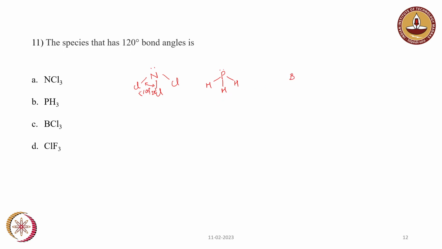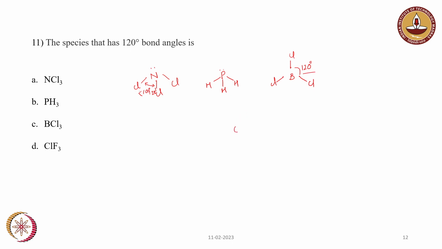And for BCl3, 3 valence electrons and 3 bonds are formed. So it's a perfect geometry with a bond angle of 120 degrees, and since there are no lone pairs present, it will be a perfect 120.